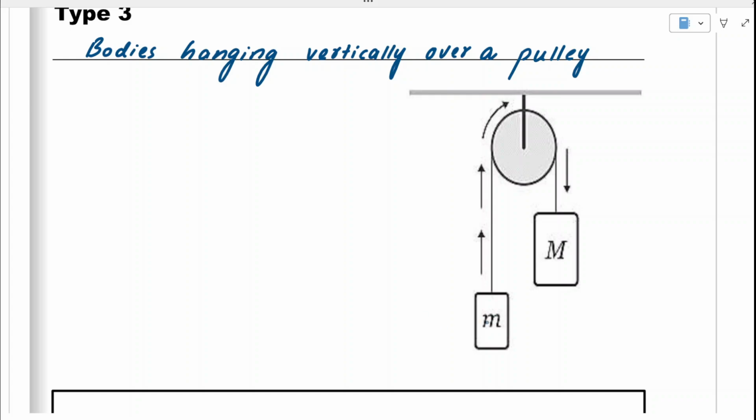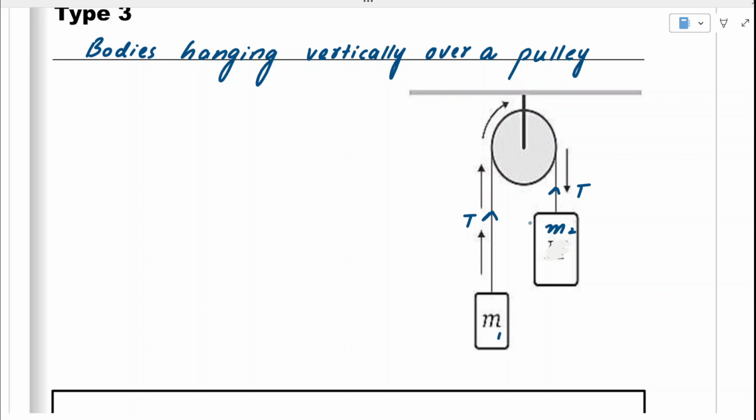I'm going to change the value of the masses. Instead of small m and capital M, I'm going to call it M1, and the second one I'm going to call M2. I have to label the forces. The direction of the tension would be upward here and upward here.